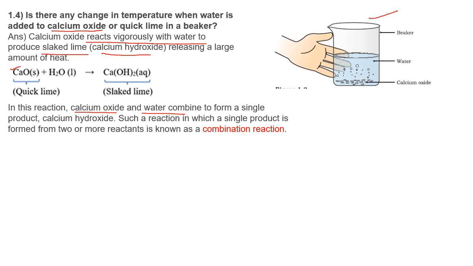So it is an example of an exothermic reaction as well as a combination reaction. Clear? Here you can see the one single product you got when you add the two reactants. A reaction in which a single product is formed from two or more reactants is called a combination reaction. So this answer you have to write in detail, and this can come for 3 marks.